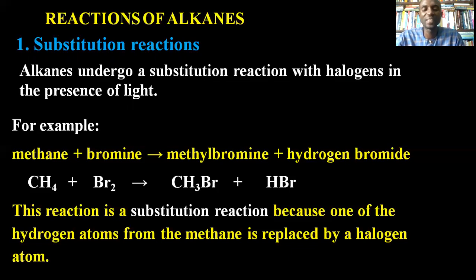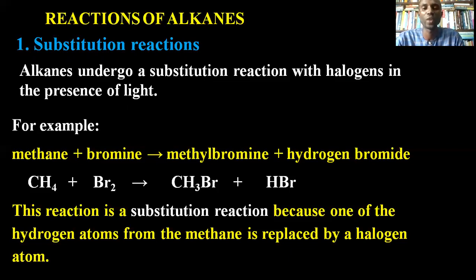Now, this reaction is a substitution reaction because one of the hydrogen atoms from the methane is replaced by a halogen. I said before that it takes place in the presence of sunlight or UV light. It takes 4 stages to undergo complete substitution.